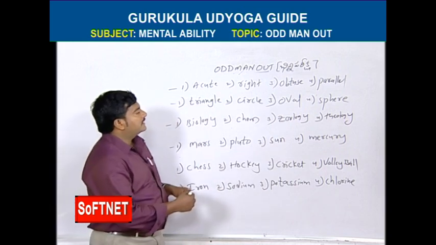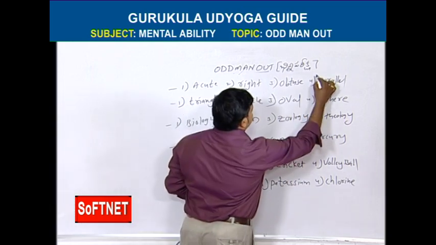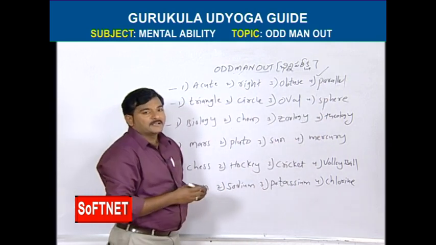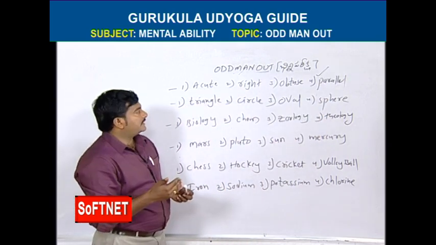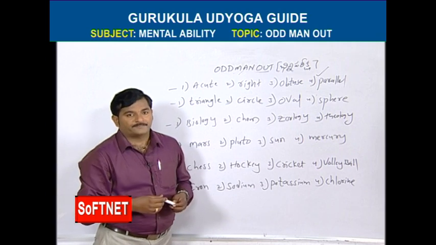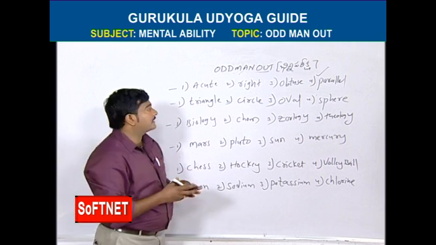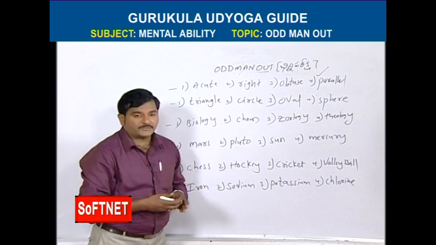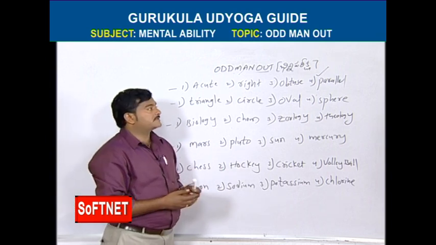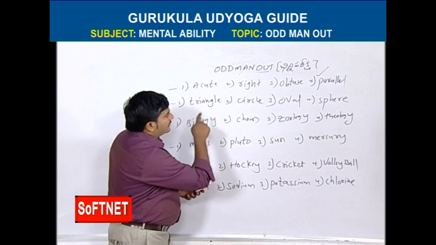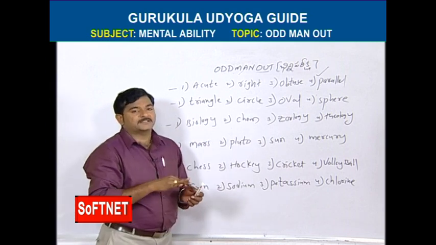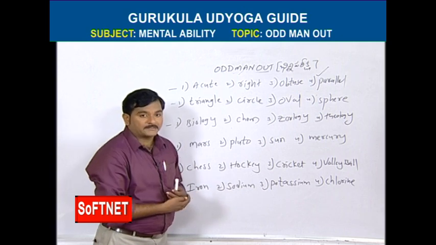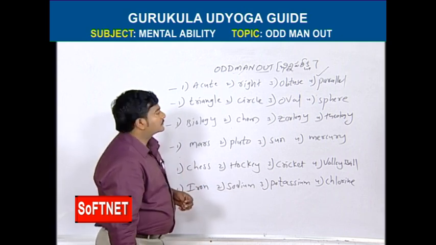It is very clear, the option is the fourth option. Why? The remaining three are types of angles: right angle, acute angle which is less than 90, and obtuse angle. Parallel is not related to angles. That's why the answer is the fourth option.